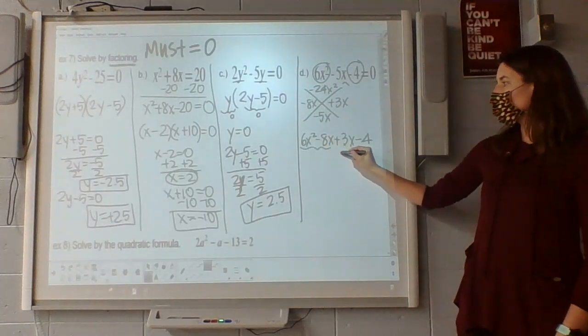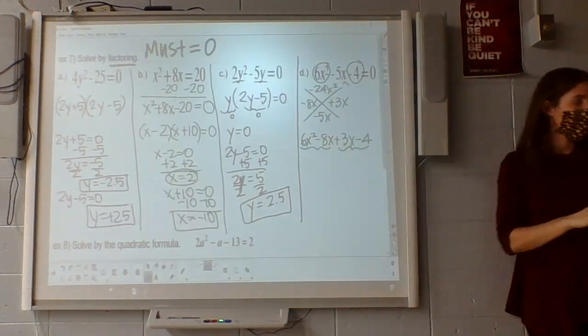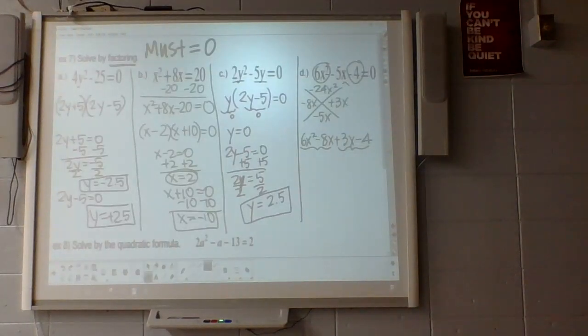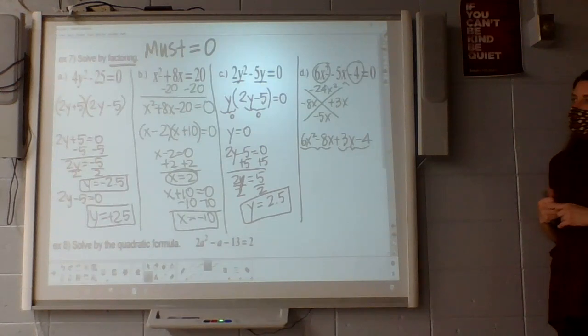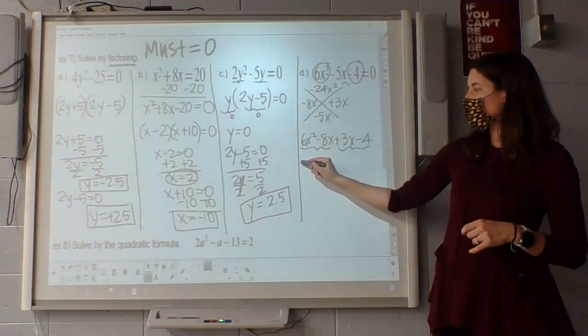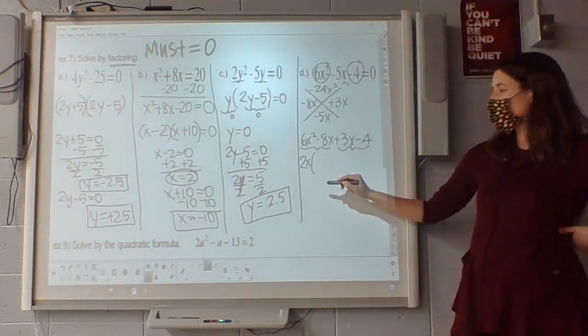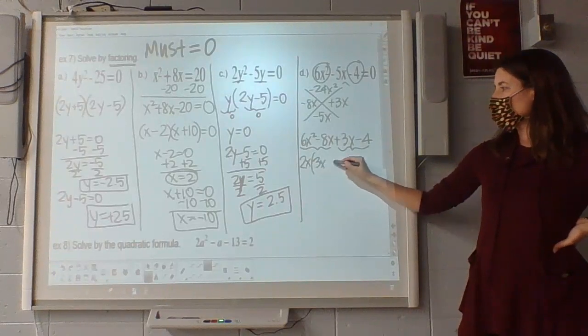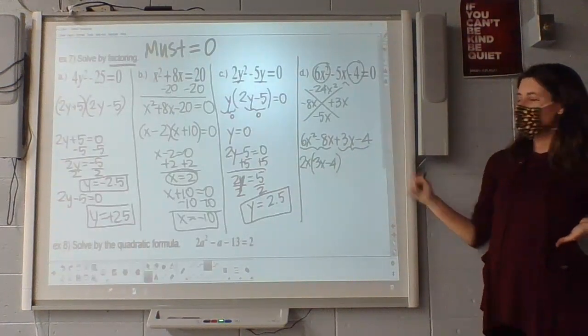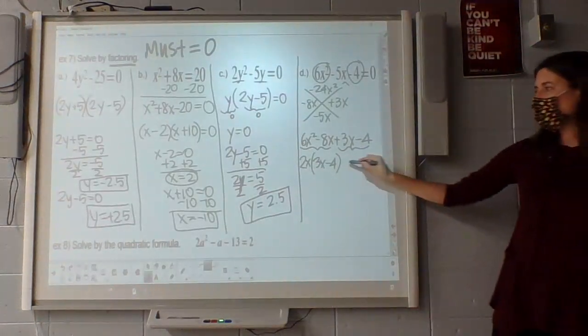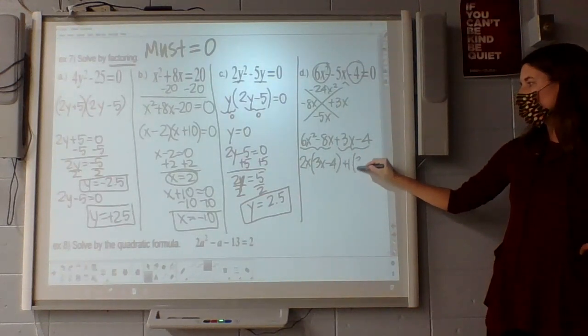And now we're going to do grouping here. So I can take out a 2x, probably, right? But then this one is already the same, so I'm just going to take out a 1 as a placeholder.